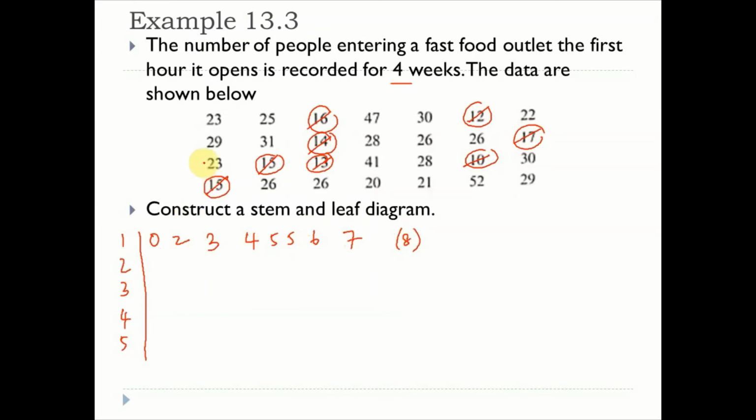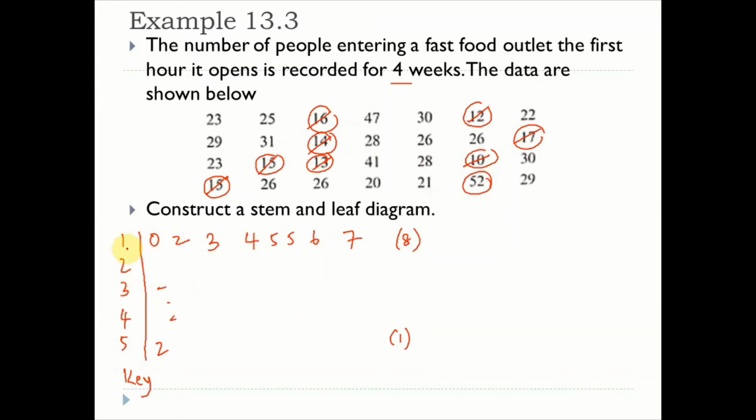So ada 8. And then we'll do the same for 2, untuk 3, untuk 4, untuk 5. Sampai yang last, 5 ni ada 2 je. And then ada berapa banyak? Ada 1. And then after dah siap semua tu, letaklah key dia. So the key is, ambil yang mana-mana you nak.